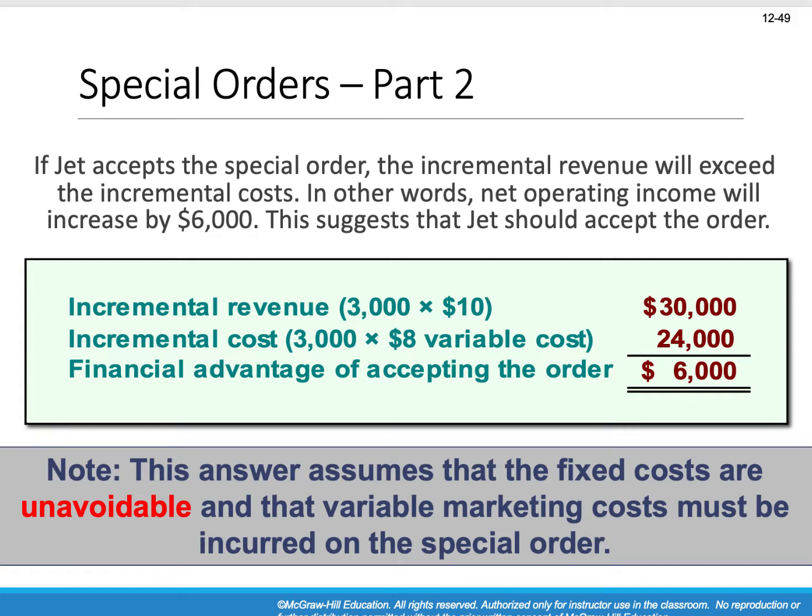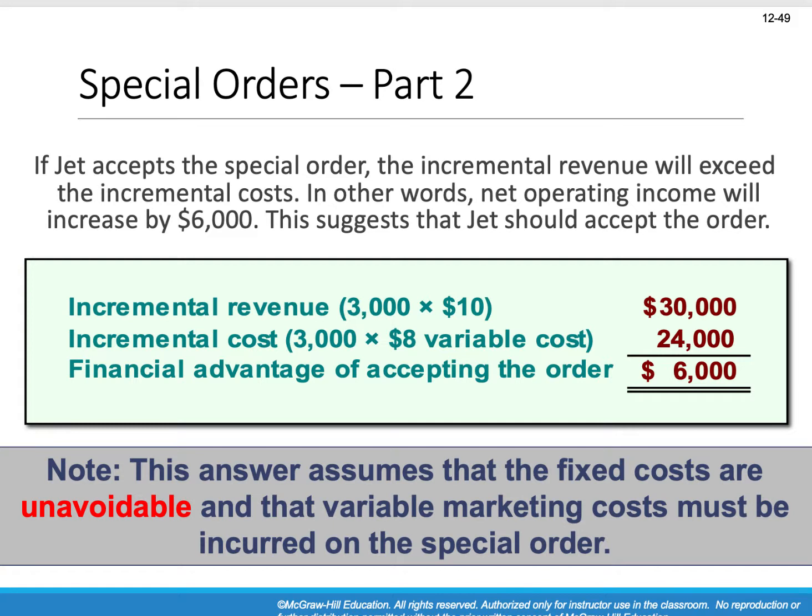So if we accept this special order, obviously we're going to incur more variable cost as a result of this special order. So what we're going to do is calculate what's our incremental revenue, what's our incremental cost. We're going to net those two out, and we're going to see if we should accept the order.